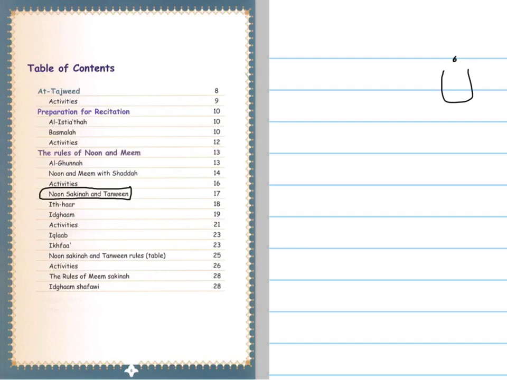So it either has nothing, so it doesn't have fatha, kasra or dhamma, or you may see it blank, or you may see a sukoon directly on the noon. So we're talking about this, or we're talking about the tanween: the two fathas, the two kasras, or the two dhammas.